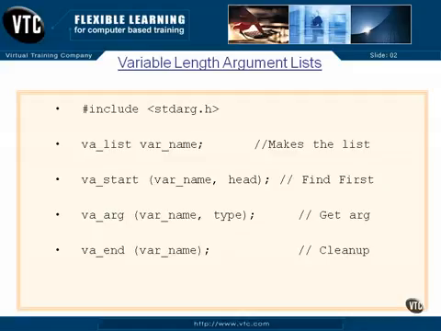Then va_start, we pass it the variable that we just created, the var_name, and something I called head on here, which is a piece of data that we know is right next to where this parameter list is. And I'll show you that in a sample piece of code here in just a second. Then we use va_arg, and again that variable list name, and the type that we want to get out of there.